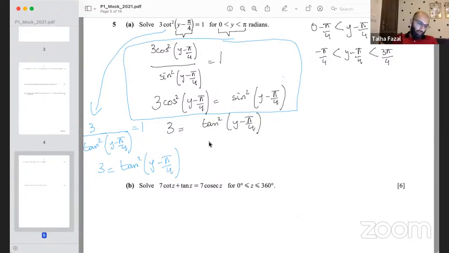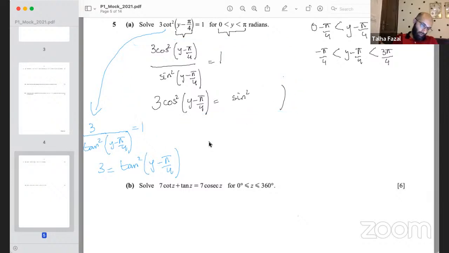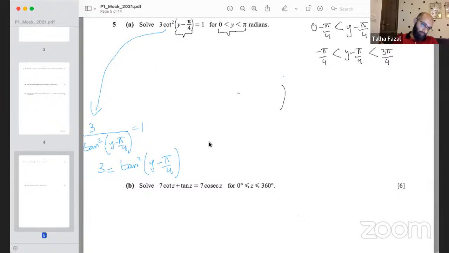Which is what we got by using cos square and sine square as well, right? So I'm just going to delete this from here so we can actually continue to solve this. Just give me a minute.